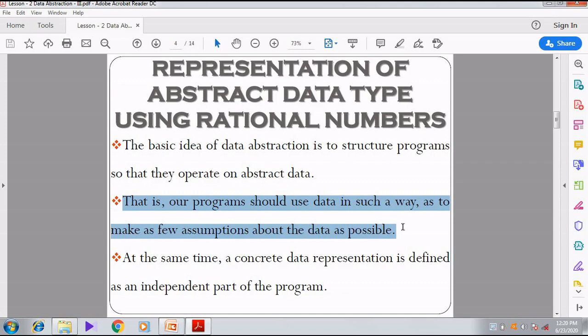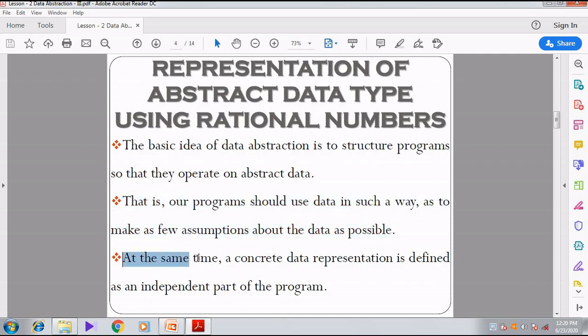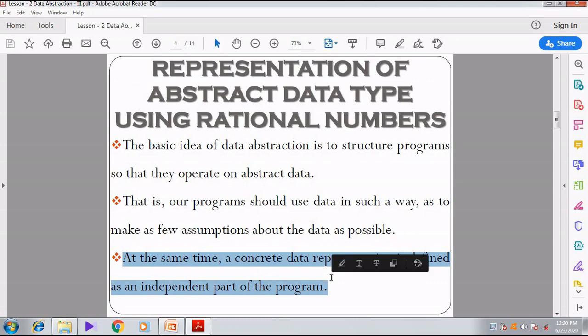The values should be taken as an assumption. So that is what they are saying here. At the same time, a concrete data representation is defined as an independent part of the program.